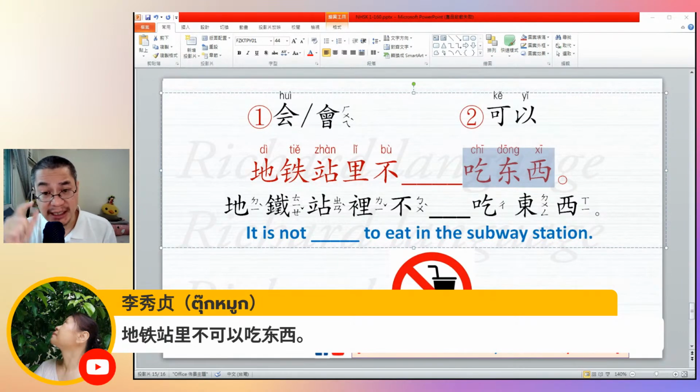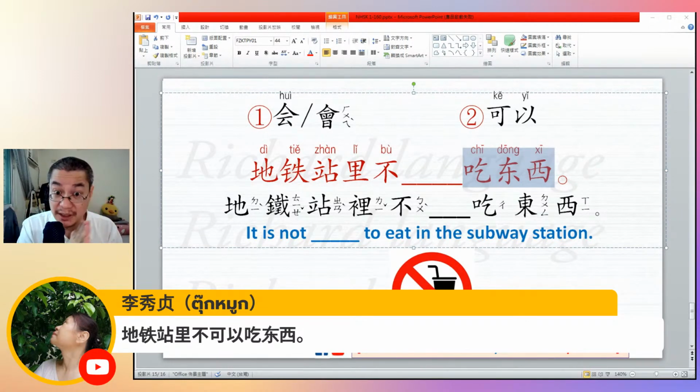Okay, you're right, because with 地铁站里 you're talking about a situation in a place. You can do something, you cannot do something. So we will use 可以 or 能 in a situation or in a place.